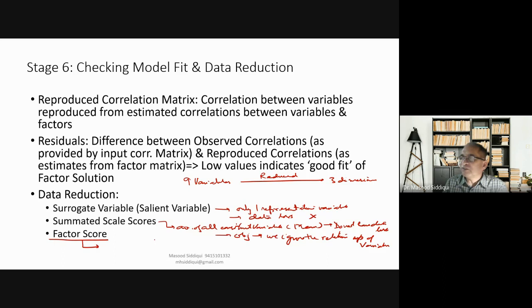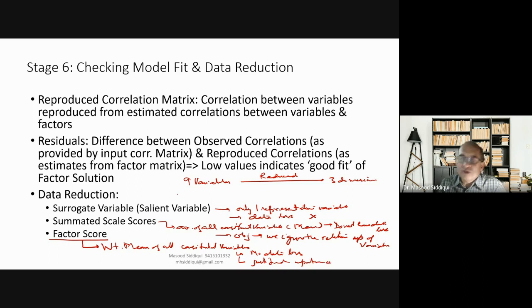Okay, so we have the last method, that is the factor score. So instead of simple average, we take the weighted mean of all constituent variables. Okay, so we take the weighted means, there is no data loss. All variables are being included. Further, there is justified importance.